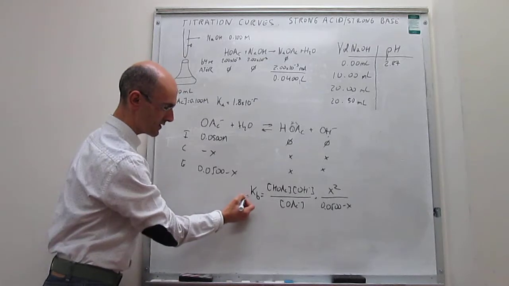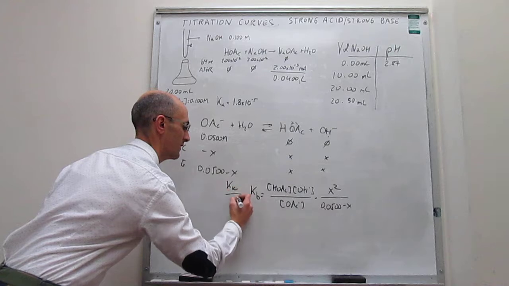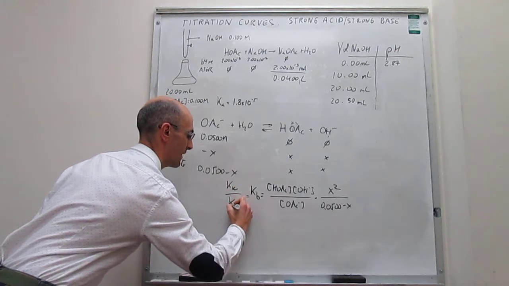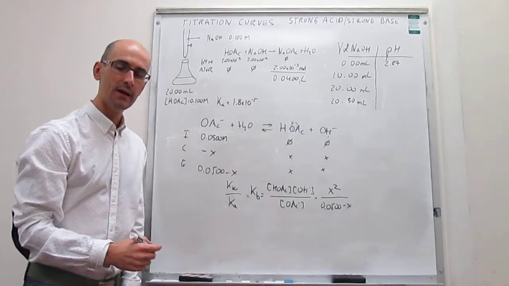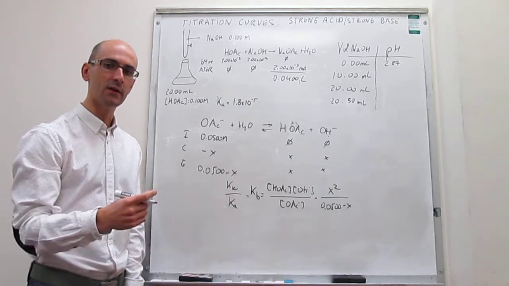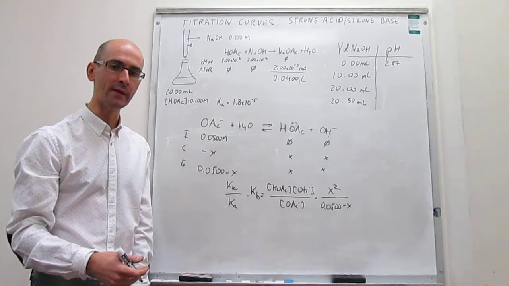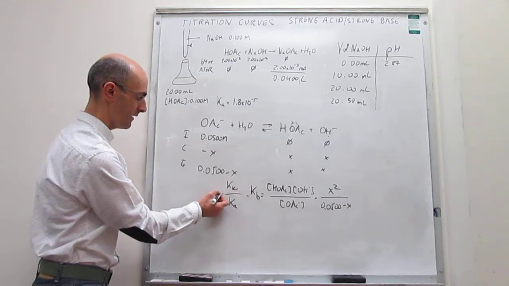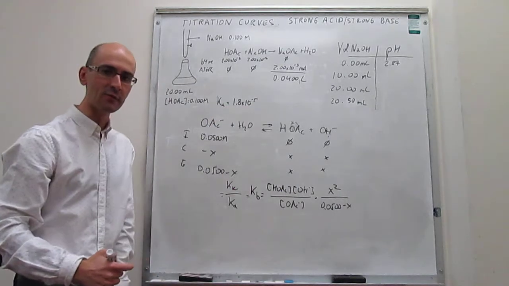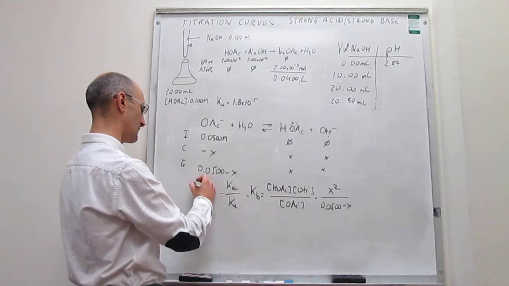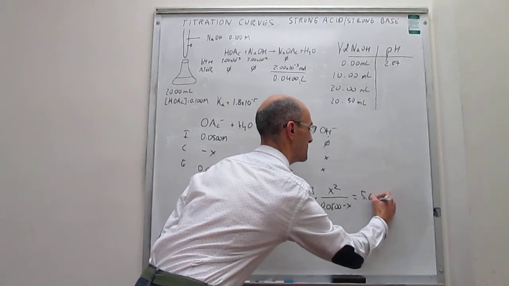And the value of this Kb is simply the auto-ionization constant for water divided by the Ka of the acid. That's how we calculate the equilibrium constants of conjugate bases. And this is something that we have already explained in a video. And just plugging here this value of the Ka and then taking 1 × 10^-14 for water, you get a value of that Kb equal to 5.6 × 10^-10.